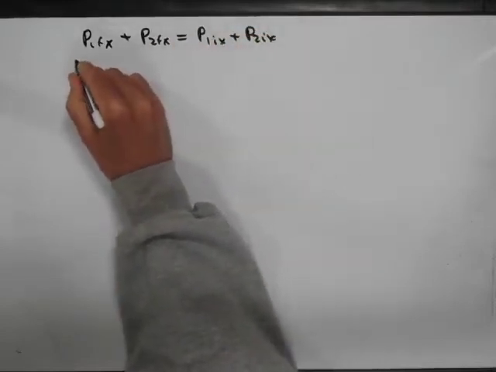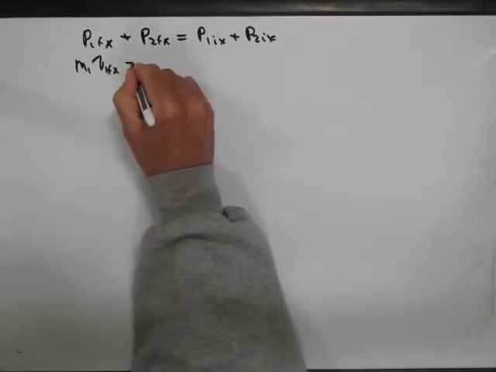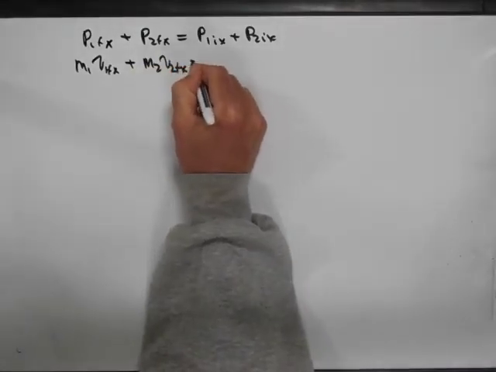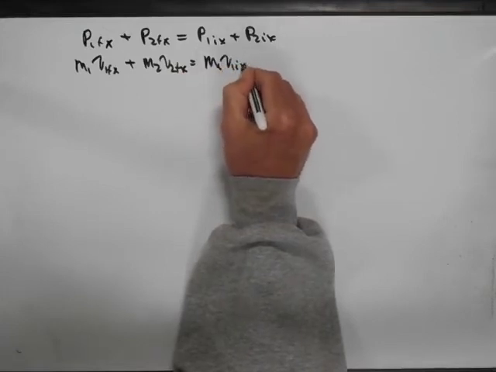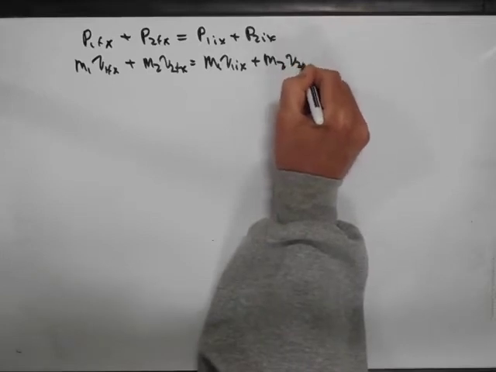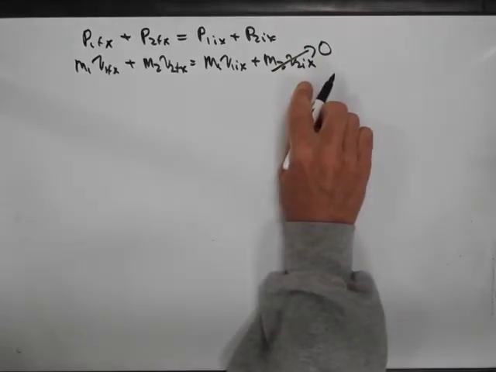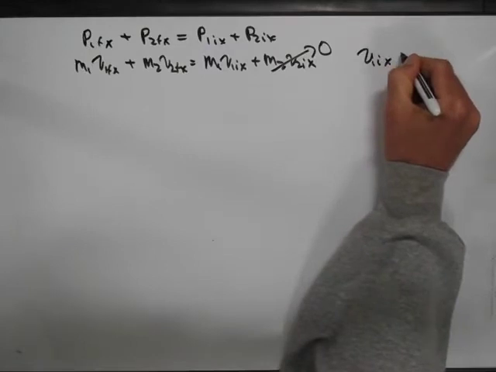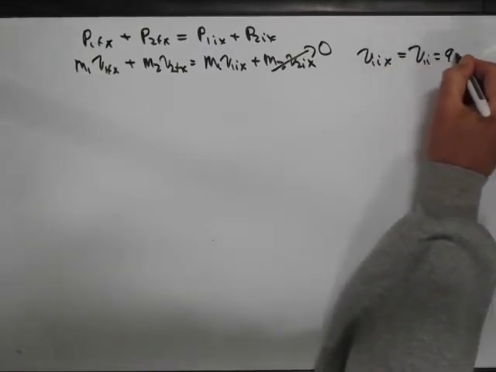That's just M1 V1 final in the x direction plus M2 V2 final in the x direction equals M1 V1 initial in the x direction plus M2 V2 initial in the x direction. This piece is 0 because this guy starts out at rest. V1 initial in the x direction is the initial velocity of the bowling ball. That's just V1 initial, which we said was 9 meters per second.